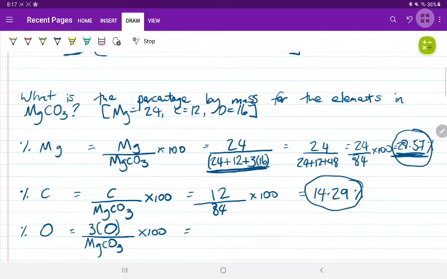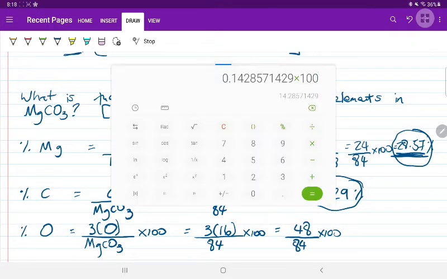Or you can go through with the formula as well. So 3 times the mass of oxygen divided by the mass of magnesium carbonate multiplied by 100. That's 3 times 16, 48, divided by 84 times 100.